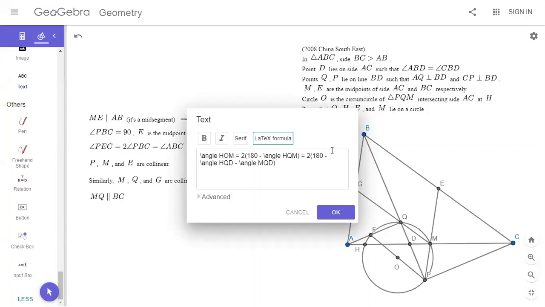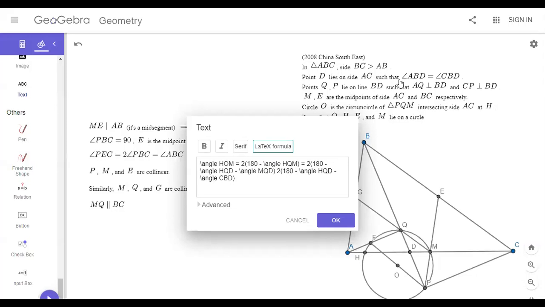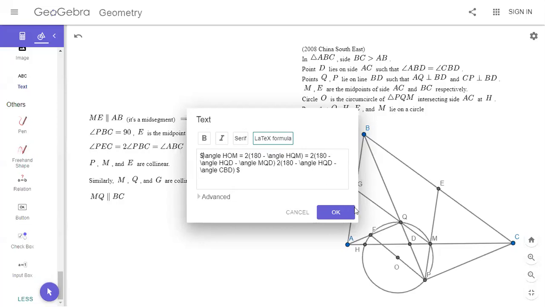And that's 2 times 180 minus angle CBD. And then HEM, okay, let me write this out so far. So you start out like this, right?